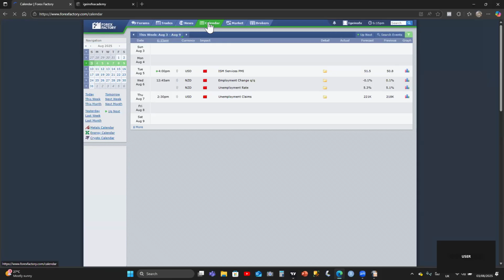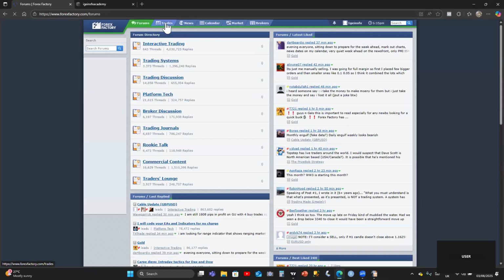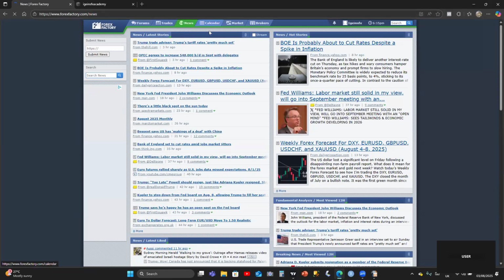This calendar, if you go to forexfactory.com, it will bring out this interface here. Then you see on the tab, you see forum, you see trade, you see news, but you go to calendar.